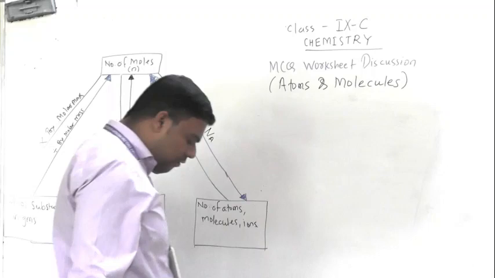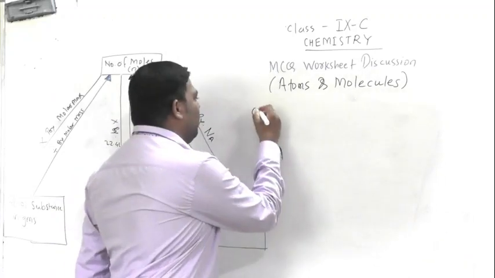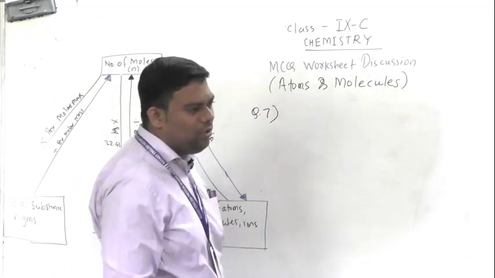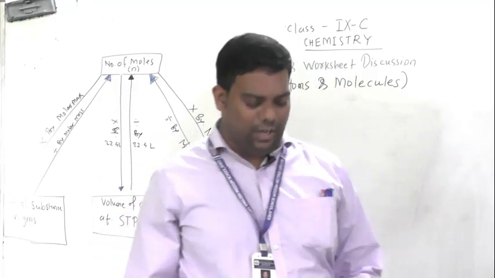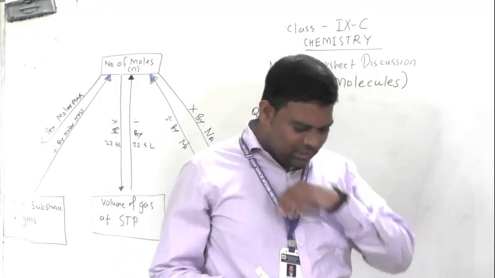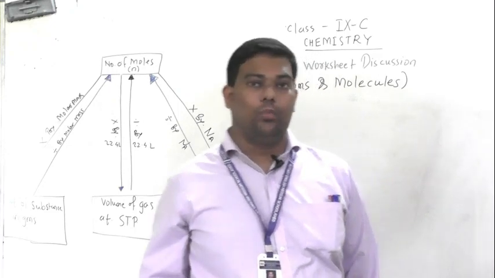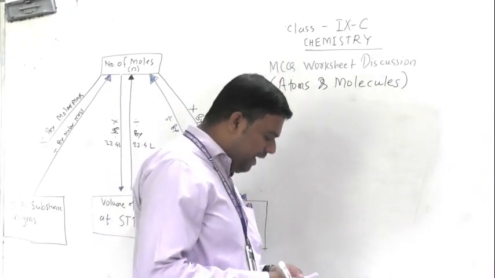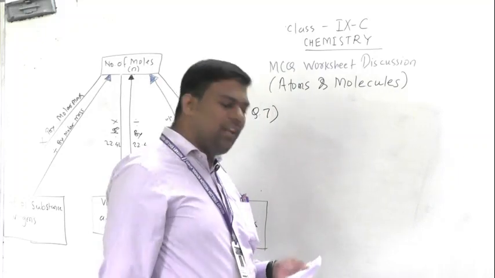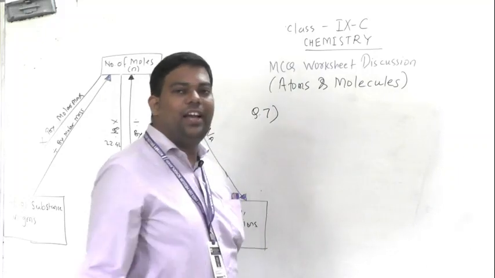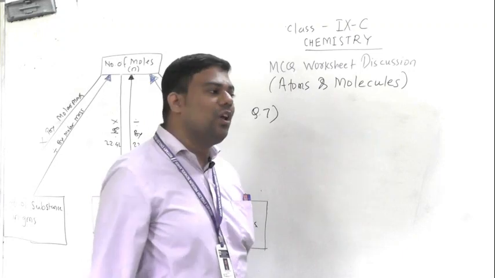So see what they gave in question number 7. See, 96 grams of magnesium on complete burning with oxygen. So beta, you must know your reaction.